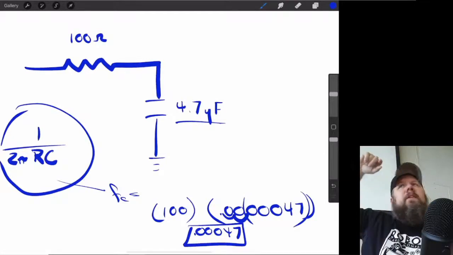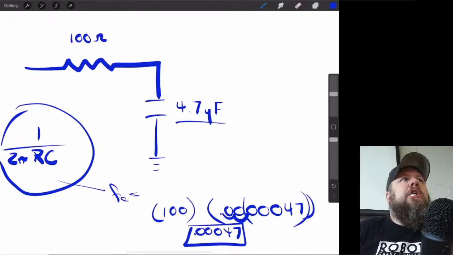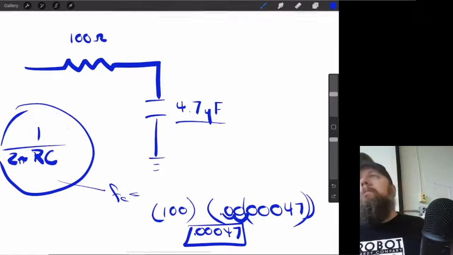So what happens now? You do 1 divided by that number, or you could just do the 1 over x, or the x to the negative 1, 338.62. Okay. So don't forget this 1 up top. Did everybody get that now?